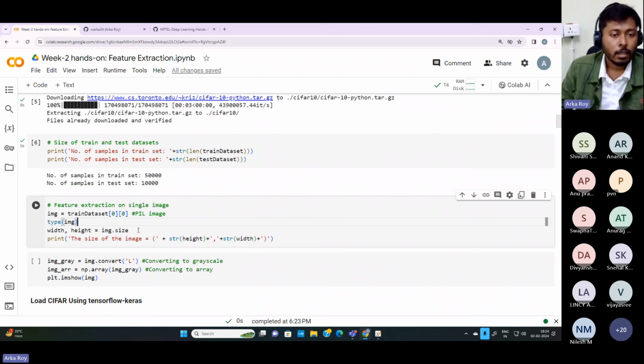Okay. So over here, I want to show you the first image of this particular training dataset. And this is type. Type basically tells you the type of the variable. We have several data types. For example, it could be an NP array, it could be a pandas variable, it could be a torch tensor.